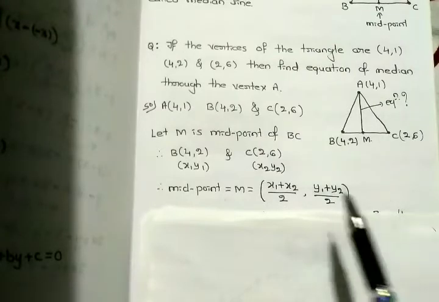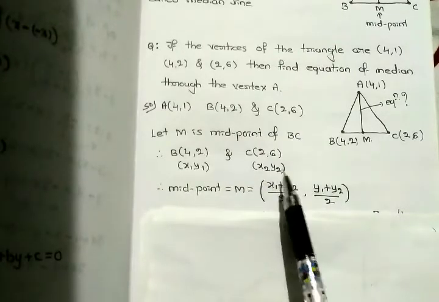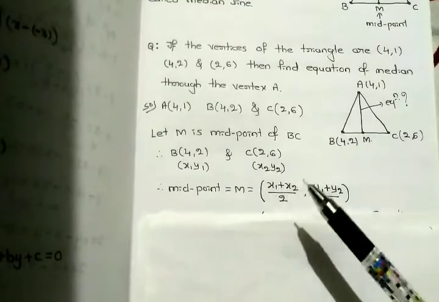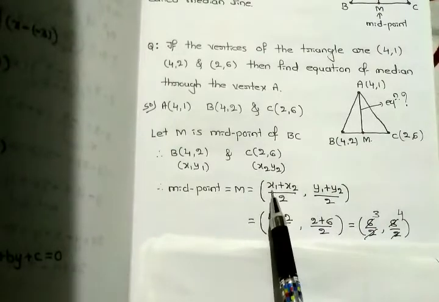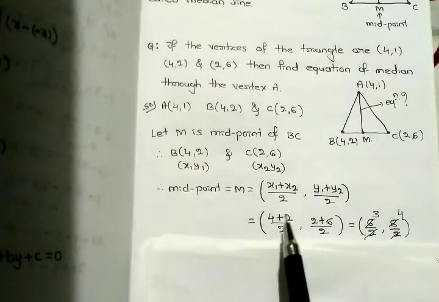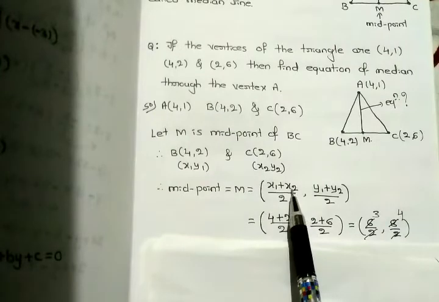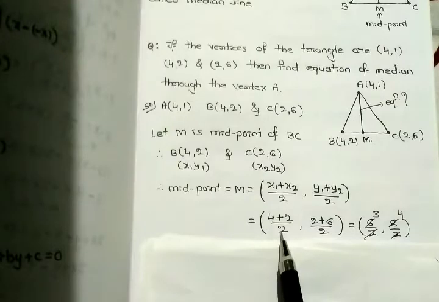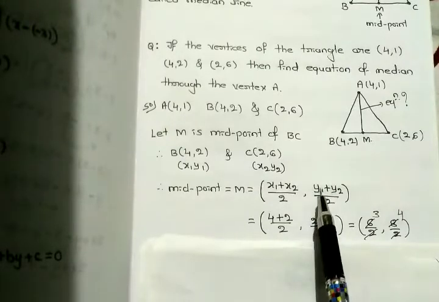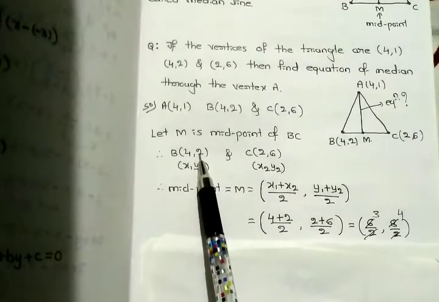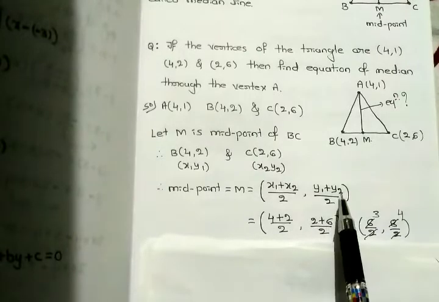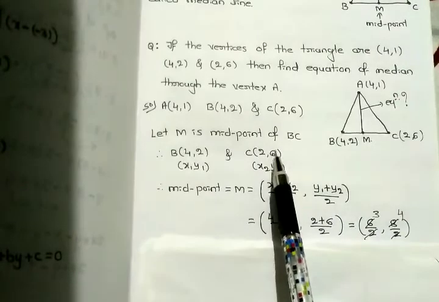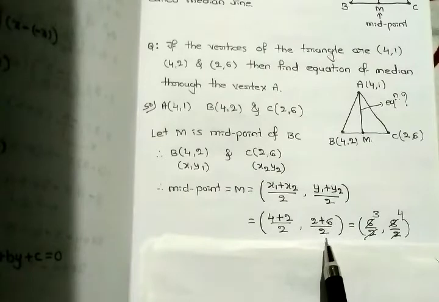So next step, substitute the x1, y1, x2, y2 values here. x1 is 4, so 4 plus x2, which is 2, divided by 2, comma, y1 is 2, so 2 plus y2, which is 6, divided by 2.